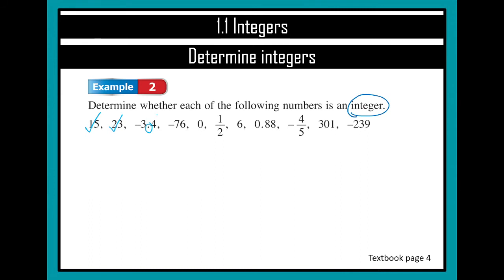This one has a decimal, so it's not an integer. Negative 76 is an integer. 0 is an integer. 1/2 is a fraction, so this is not an integer. 6 is an integer. 0 point something has a decimal, so not an integer. Negative 4/5 is a fraction, so it's not an integer. 301, negative 239 are integers. Are we clear? If you're not clear, you can always rewind and look at the front.